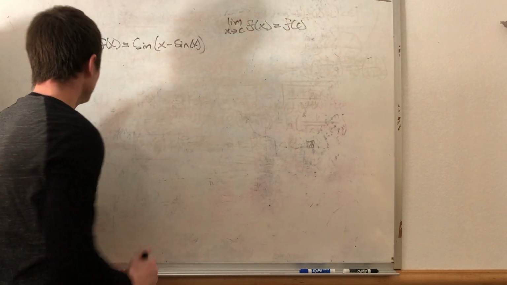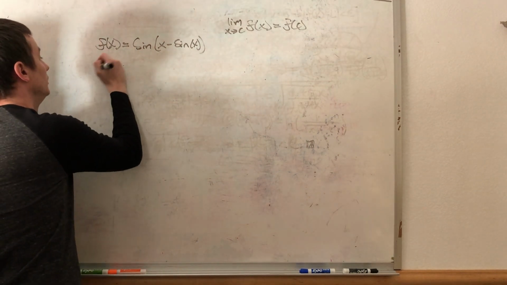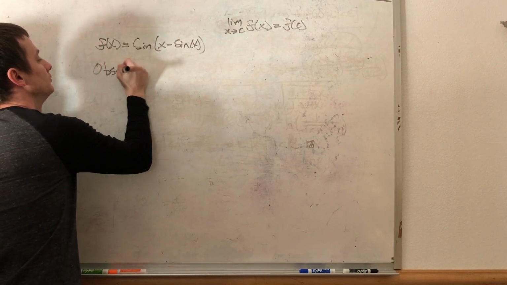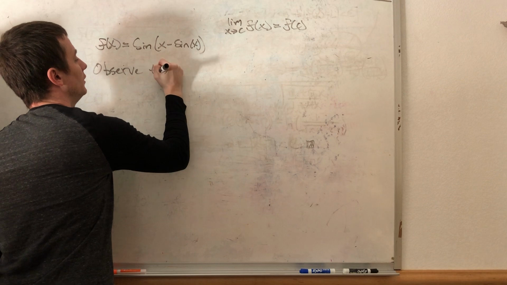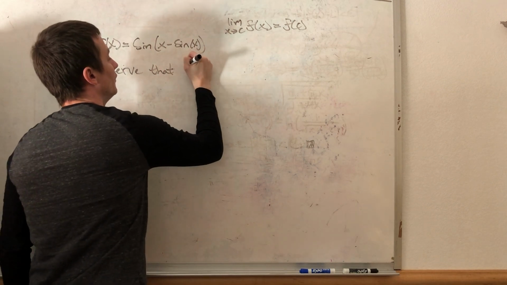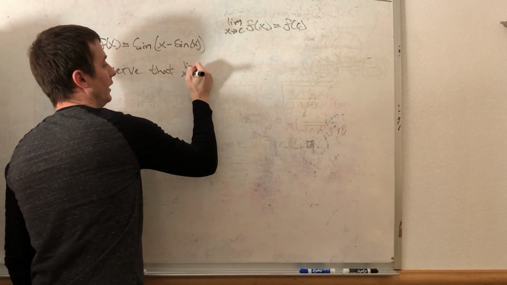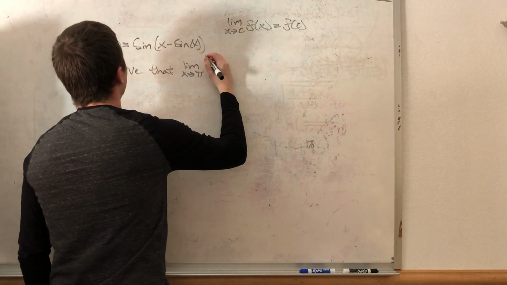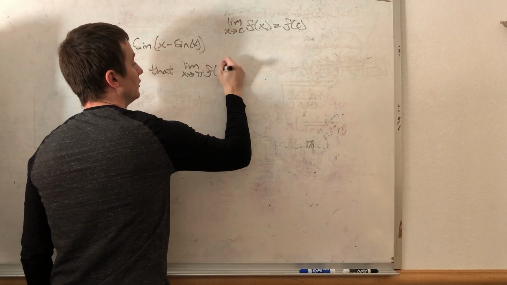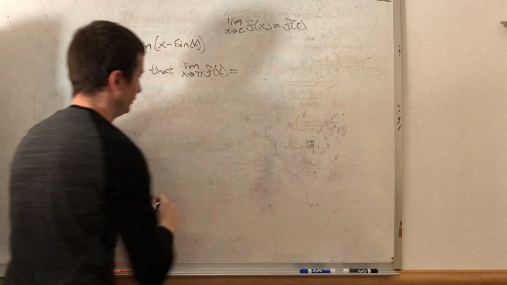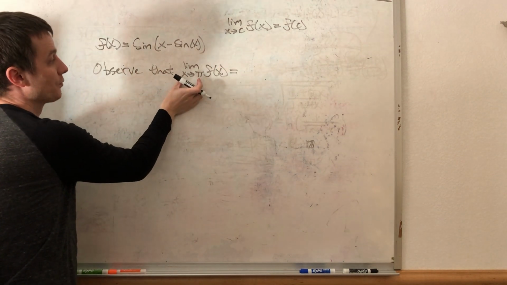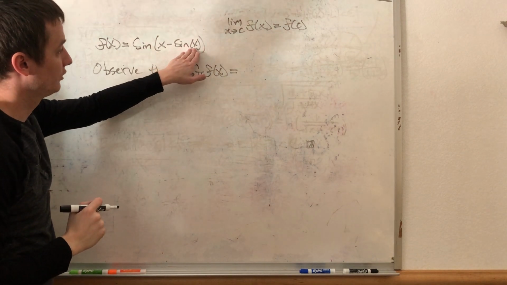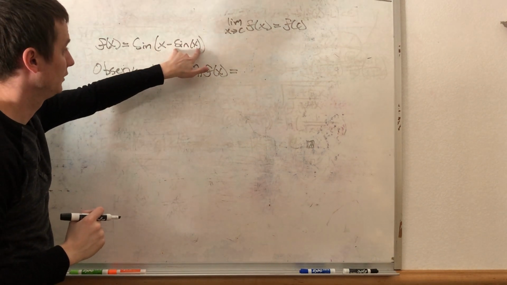So observe that the limit as x approaches pi of f of x is equal to, well, let's see. When we plug in pi, what do we get? When we plug in pi for sine of x, we get 0.